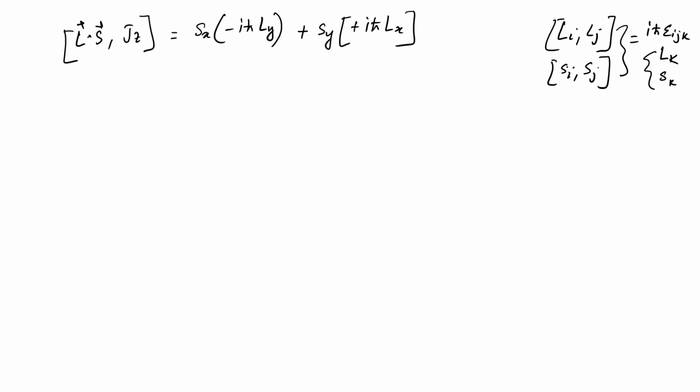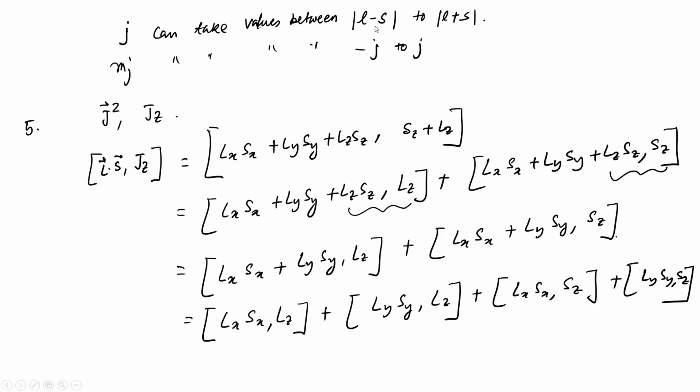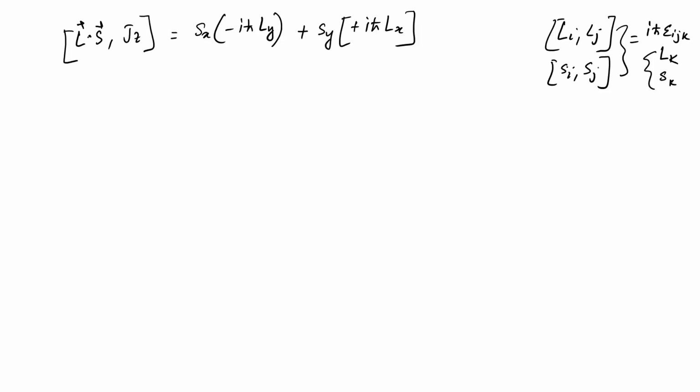So this is Sy, and then we have the other two terms, which are Sx Sz, which is again minus iħ Sy, and that is coming from this bracket. We don't need to put a square bracket anymore, we just have this.